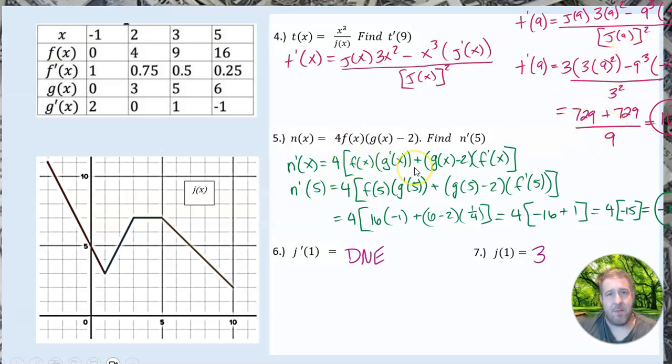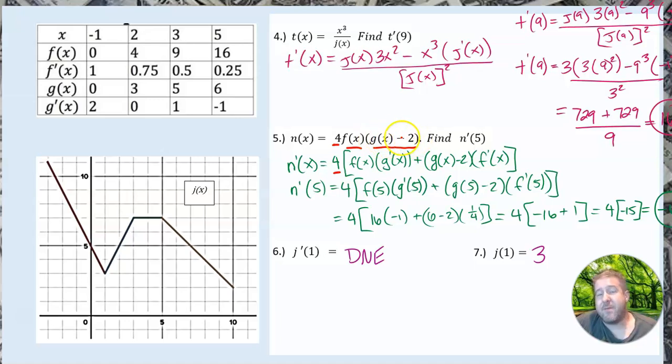For this one, this is a product rule question. Well, the way I did it is I used constant multiple. I pulled that 4 out as a constant multiple, and then did f of x times this. So it's product rule, this times this. First times derivative of the second, plus second times derivative of the first. Now, if you're wondering, why did I just write g prime of x?